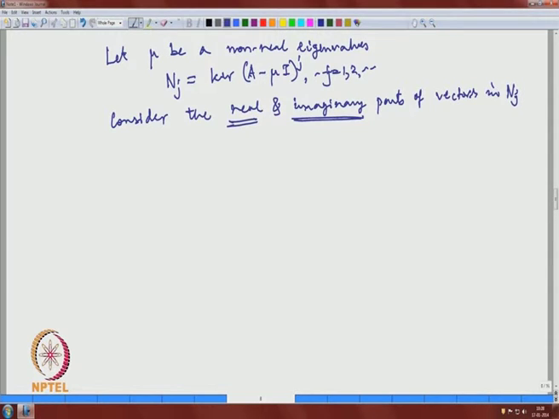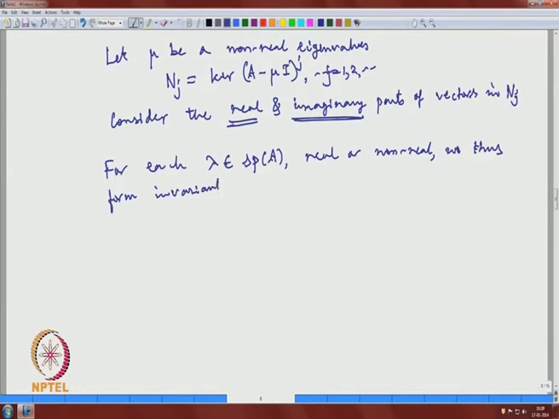Okay, so in this way, let me now put this together. For each lambda in the spectrum of A, real or non-real, it does not matter, we thus form an invariant subspace, let me call it N lambda, of Rn, that is important.